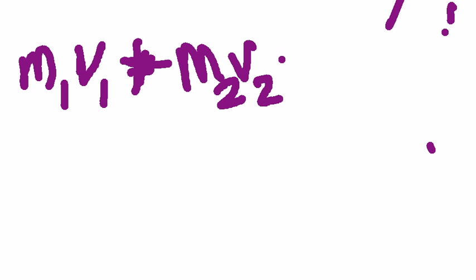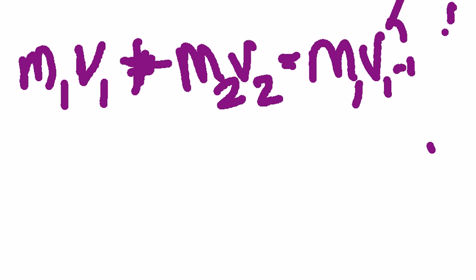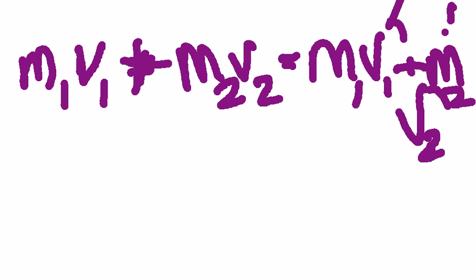That's going to be M1 V1 plus M2 V2 equals M1 V1 prime plus M2 V2 prime. Can't fit all of it in there.